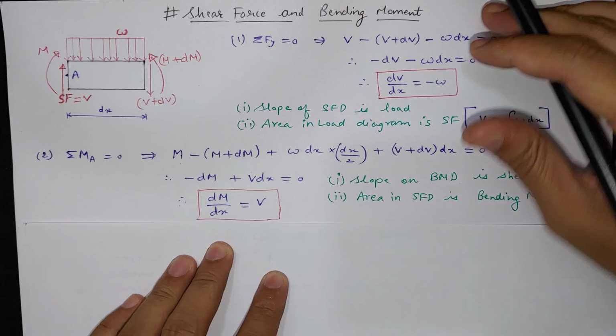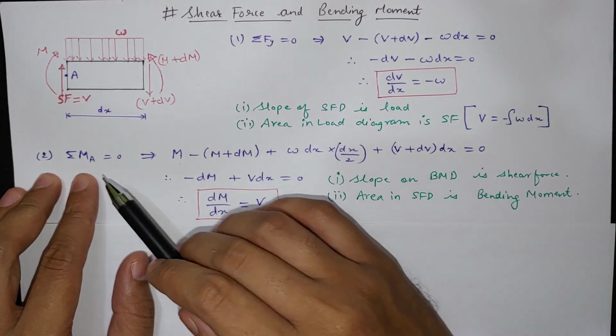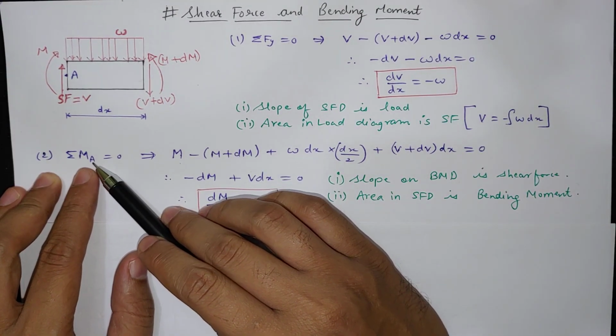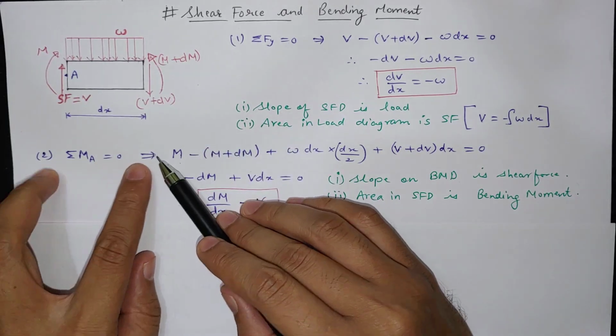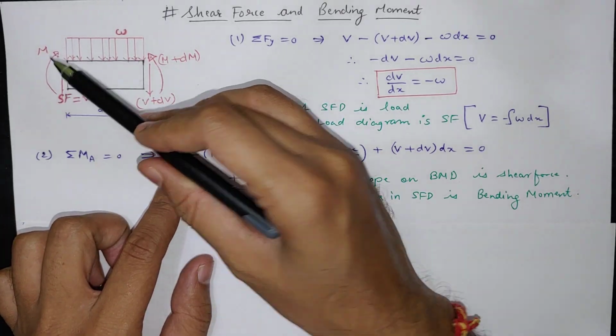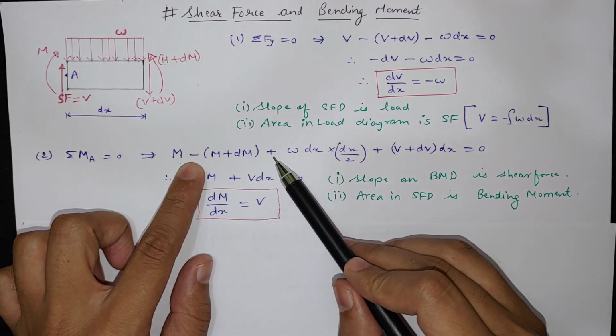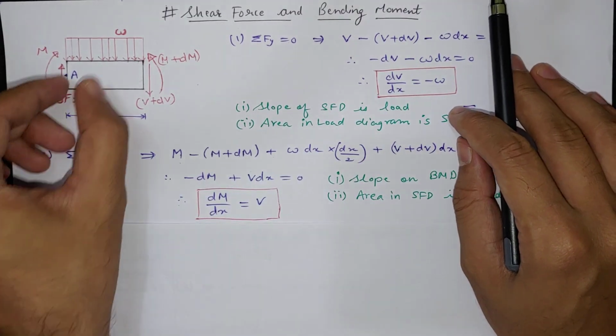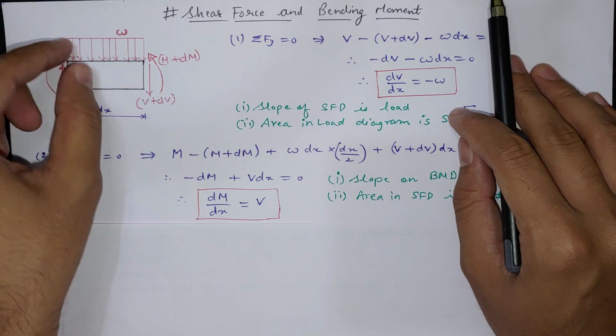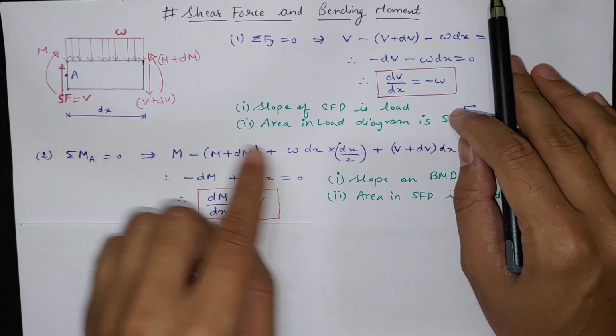Similarly, if we apply summation of moment at a point equal to 0, then moment M minus the opposite moment M plus dM plus W times dx, the total load, which we have to assume at the center point, so dx divided by 2.